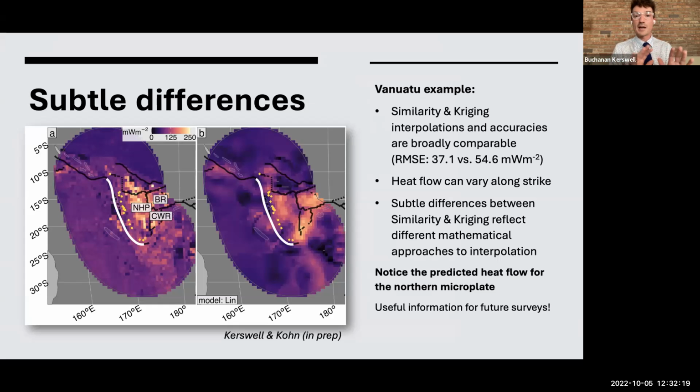So we have two different methods that, because they have fundamentally different mathematical models behind them, have these subtle little differences that pop up in the predictions. And the useful thing is that these subtle differences can be pointing to features that are interesting. They're interesting for many different reasons, and they could be targeted for future heat flow surveys.